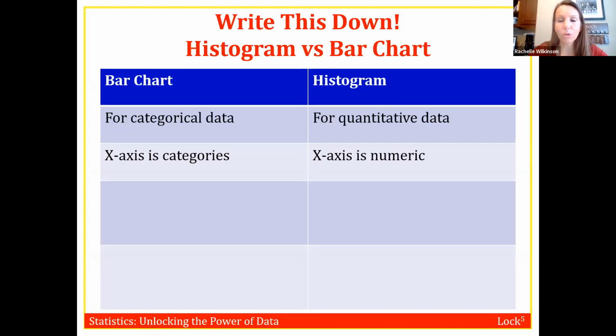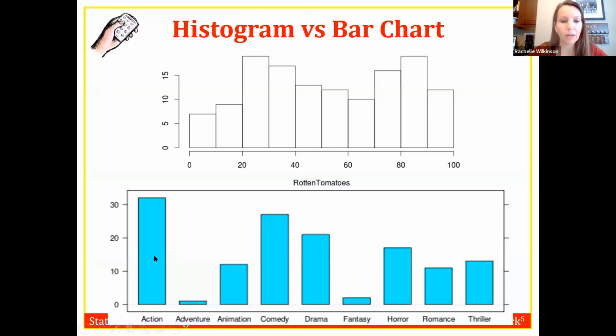All right, the next thing that we're going to compare and contrast is the order of the bars. Okay, so looking at my bar chart down here, how was the order of these bars determined? Can you tell by looking at those category labels how they organized the order of the bars? Yeah, alphabetical order. Did they have to be in alphabetical order?